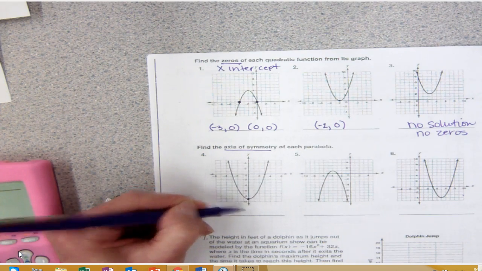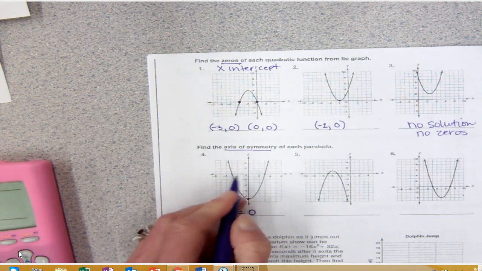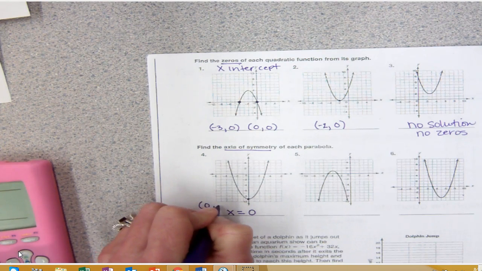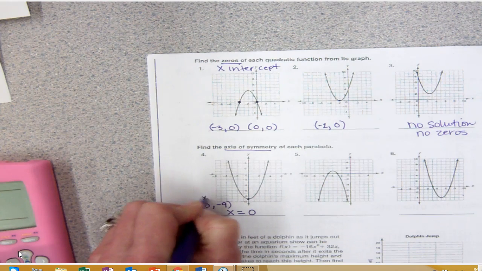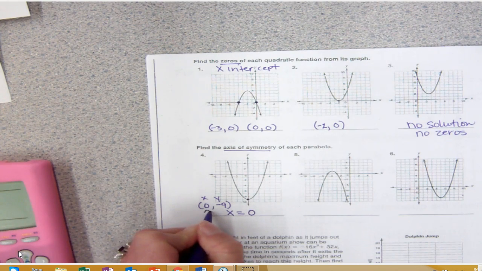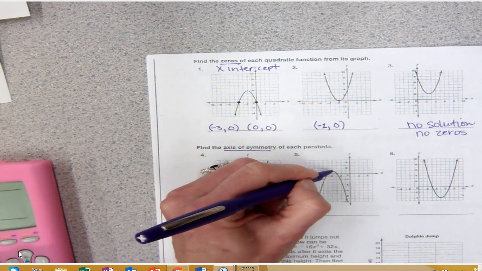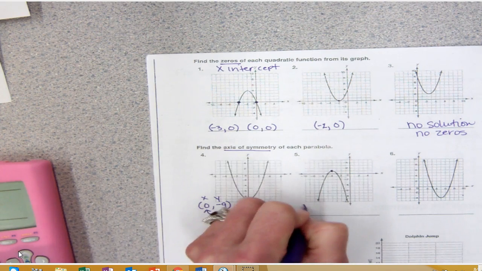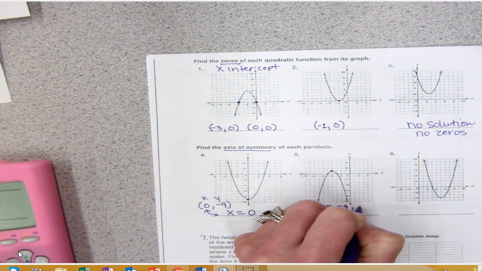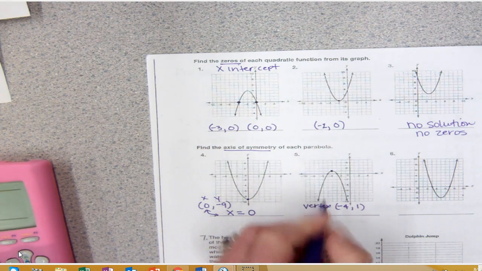So now the axis of symmetry, you're going to look to see where your vertex is. Here, the vertex is on the y-axis, so your x is going to equal 0. That's my value because my vertex is 0, -9. That is what I plug in for my axis of symmetry. Here, my vertex is -4, 1. So what's my axis of symmetry?